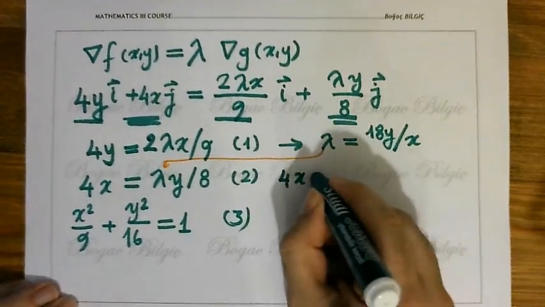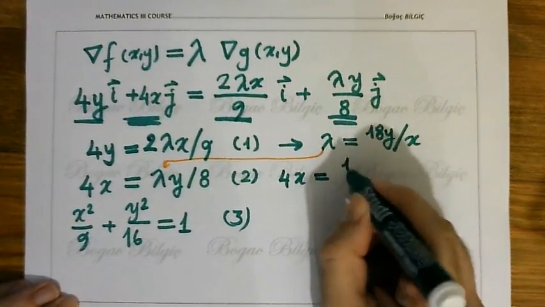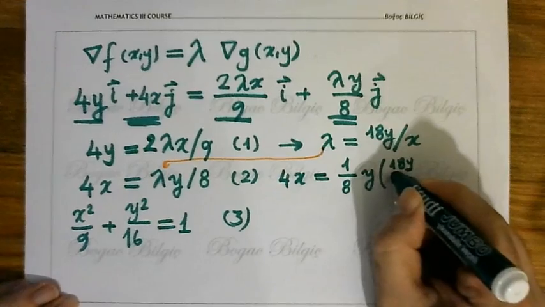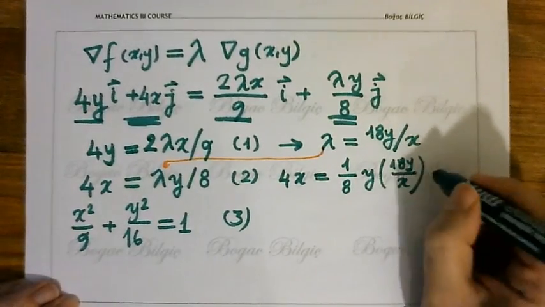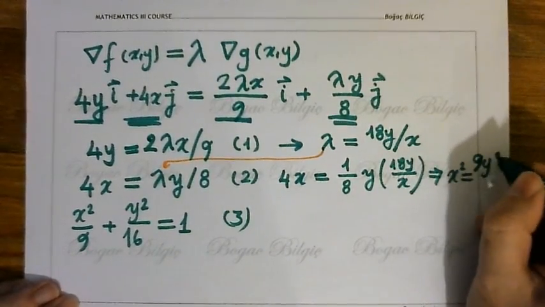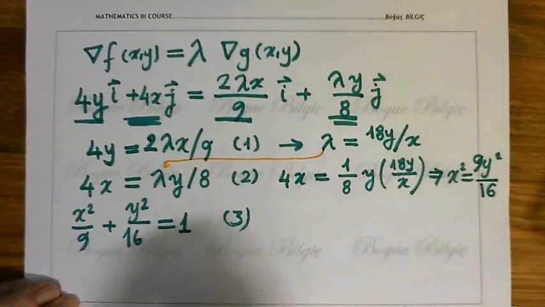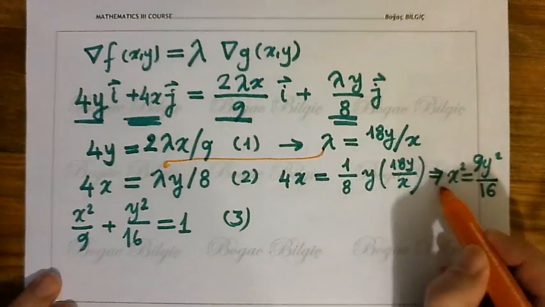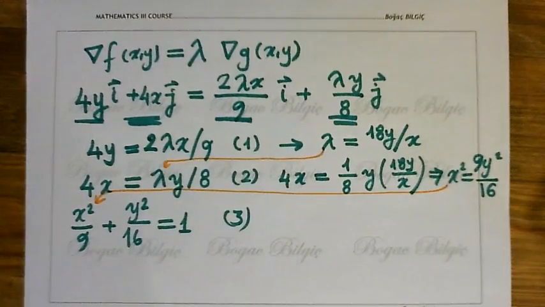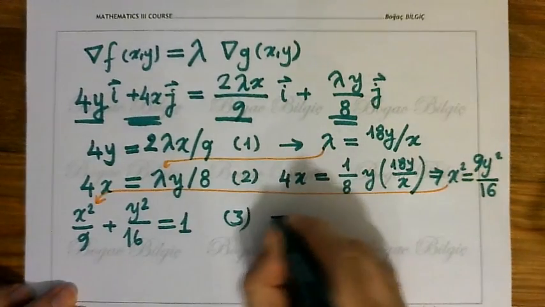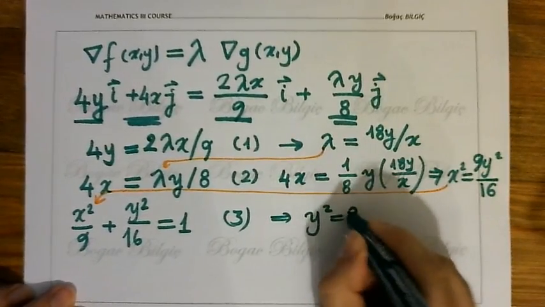Substitution into the second equation produces: substitute lambda, 4x is equal to 1 divided by 8 times y times 18y divided by x, and x squared is equal to 9y squared divided by 16. Substituting this value for x squared into the third equation gives y squared is 8.